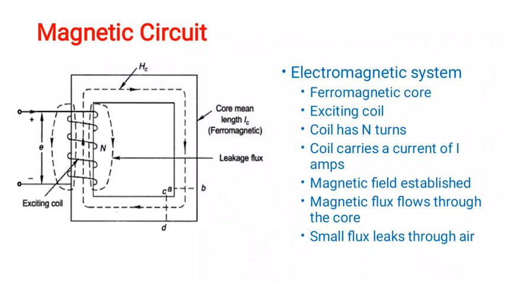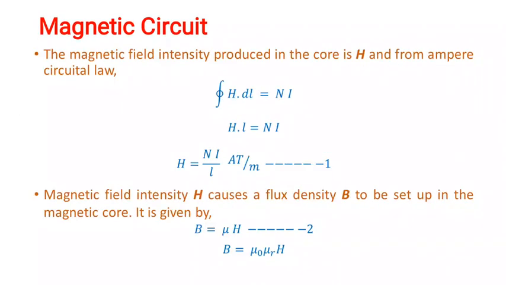If the other limb of the core is connected with a coil, an EMF will be induced in the secondary part also because of the flux flowing through it. This indicates the leakage flux, and this is your magnetic flux. From that we have to derive some concepts of magnetic field intensity and magnetic flux density.